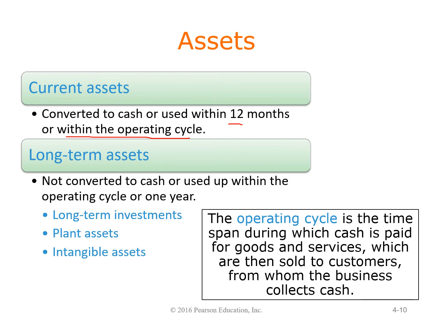The operating cycle starts from the day that you purchase the raw material or the product, according to your activity in the company, and then you produce or sell these products to customers, and then collect this money.